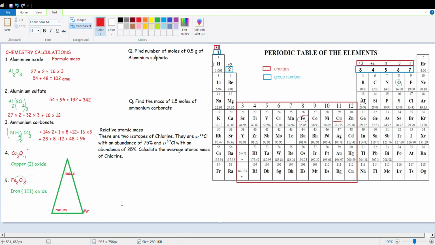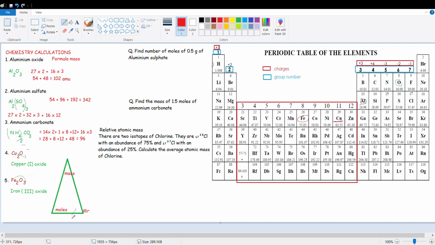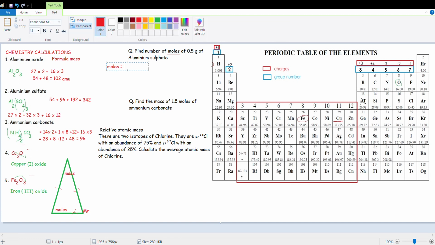All right, so I understand very clearly this should be multiplied if I want to calculate mass, and this is divided. So if I want to find the mass, it is moles times Mr. If I want to find moles, mass divided by Mr. So in the first question we find the moles, so it means my formula will be number of moles is equal to mass over Mr. Now mass we know is given to me, 0.5 gram, and luckily I have already solved the aluminium sulfate Mr over here, so I don't have to do this.